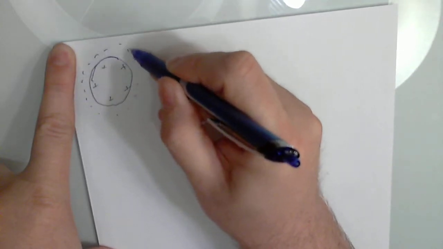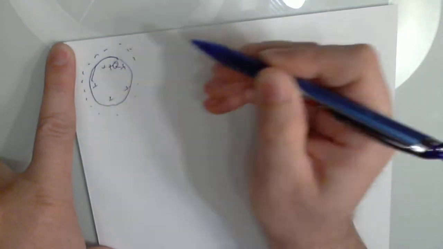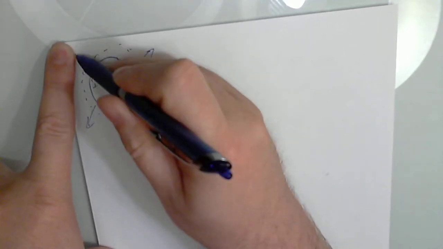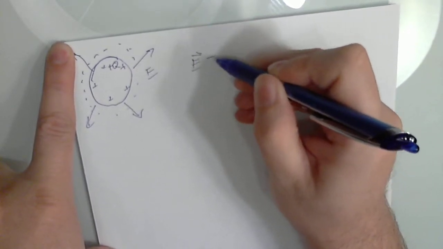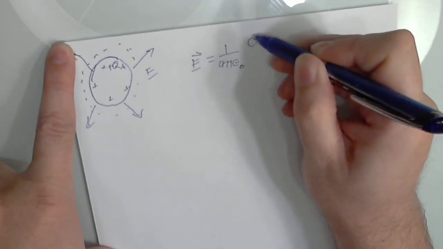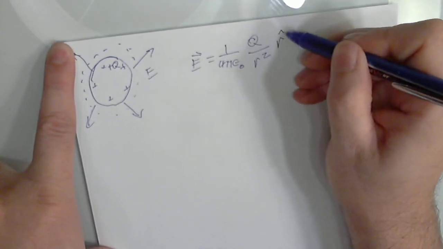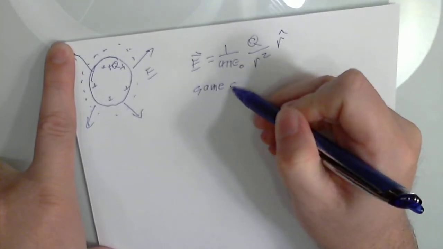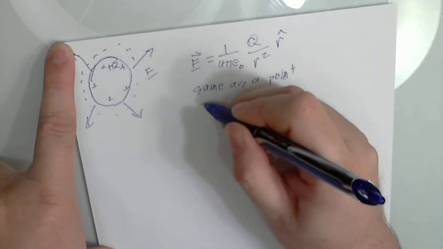The net charge of all the stuff inside is plus Q. And so it's pretty easy to see that you will get a purely radially outward electric field that is equal to 1 over 4 pi epsilon naught Q over r squared, pointing in the radial outward direction, which is to say the same as a point charge Q.